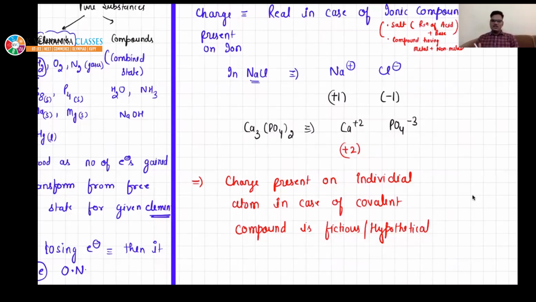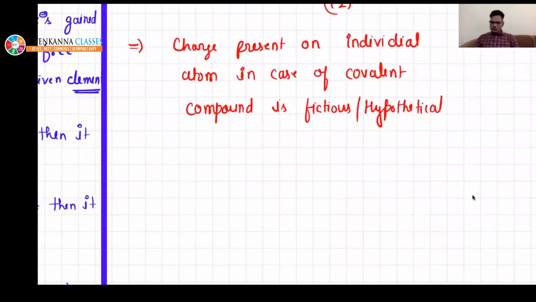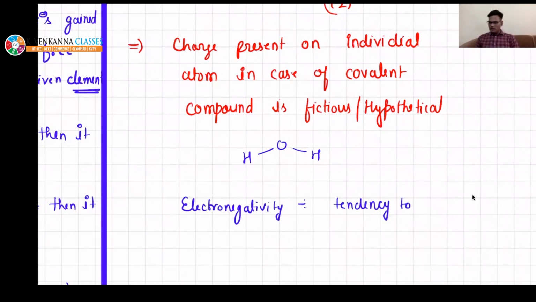How is it fictitious? For example, H2O. Here I am introducing another concept, electronegativity. We will cover this in detail in periodic properties. Electronegativity is the tendency to attract the shared pair of electrons. What is a shared pair?